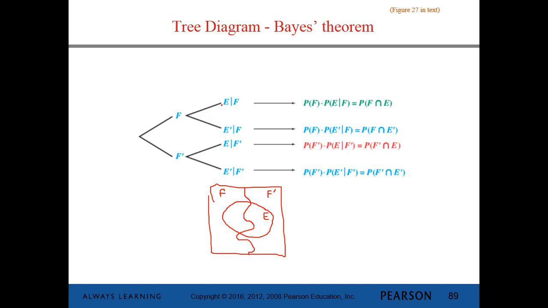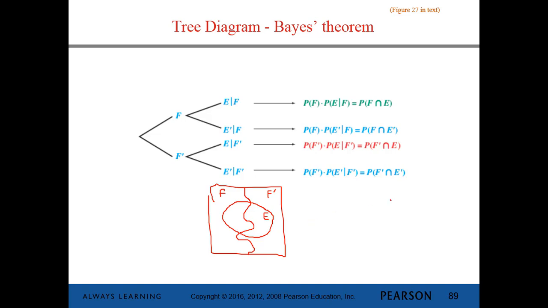And then there's the probability of E given F, the probability of not E given F, the probability of E given not F, and the probability of not E given not F. So that's basically these four regions. It makes sense that if I add up all these probabilities, it adds up to 1, and if I add up these two probabilities, it adds up to 1. I'm partitioning the sample space here.